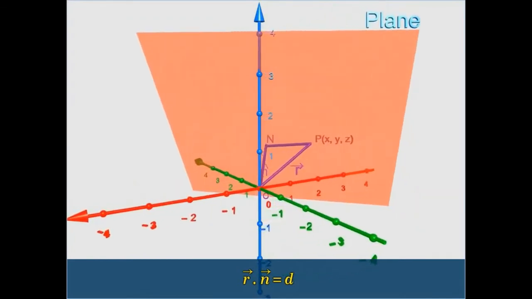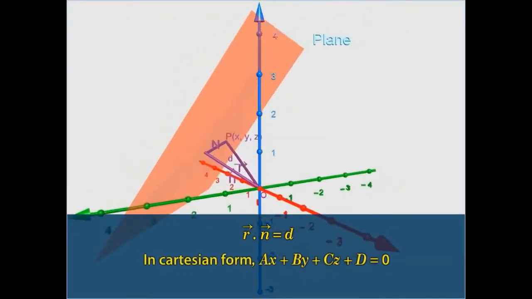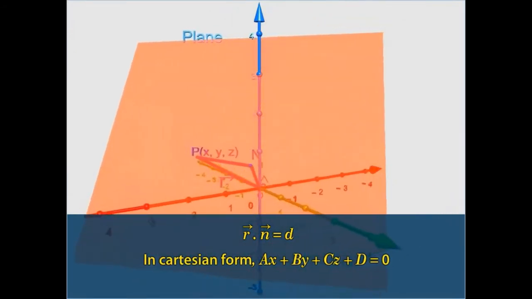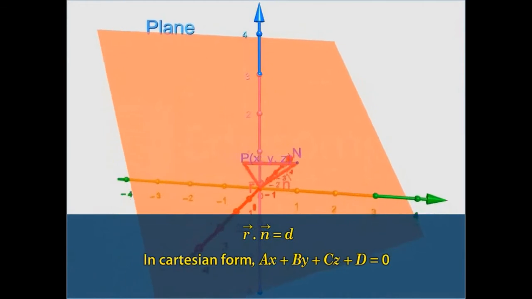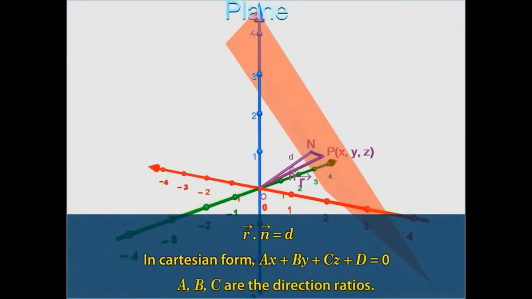In Cartesian form, the equation of the plane is given by capital A x plus capital B y plus capital C z plus capital D equals 0. Here, capital A, capital B and capital C are the direction ratios of the normal to the plane.